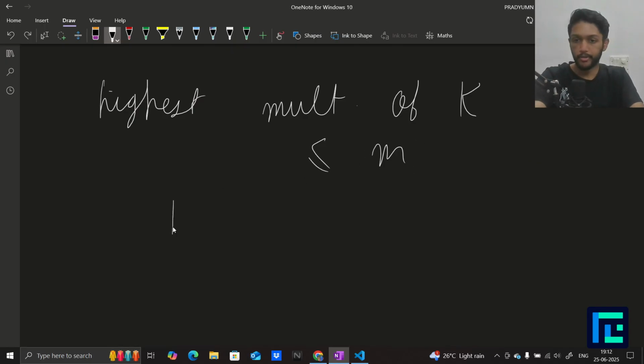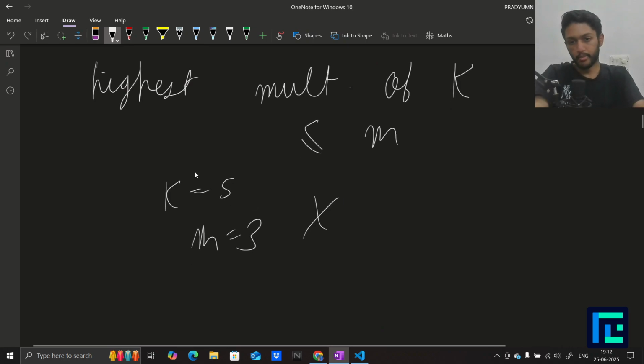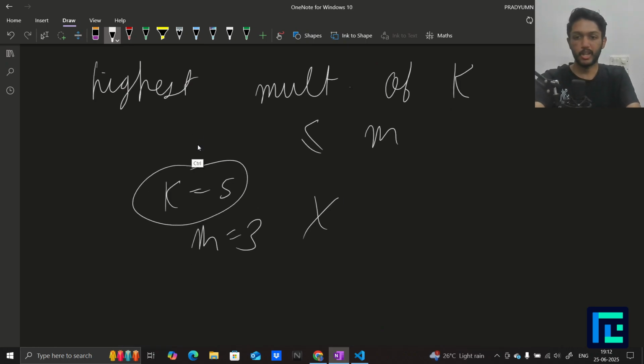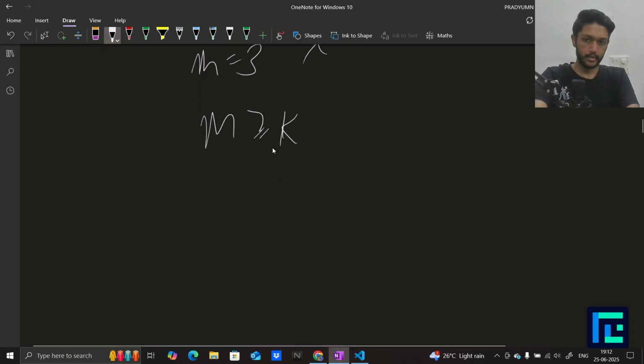For example, what if we want a multiple of 5, but m is equal to 3, that is, our range is just 3? In that case it is not possible to make d zeros, because there is no multiple of 5 which is less than or equal to 3. So only if m is greater than or equal to K can I get that.